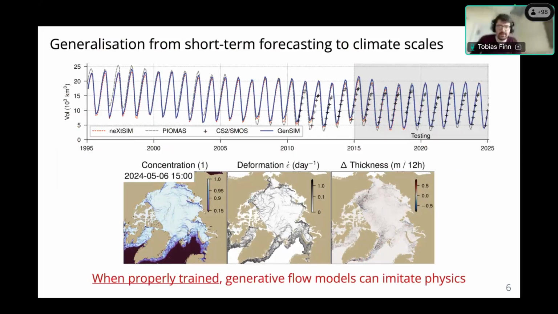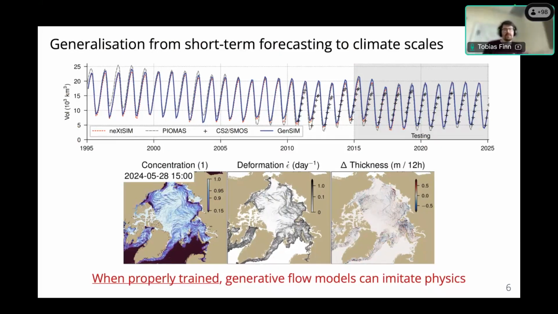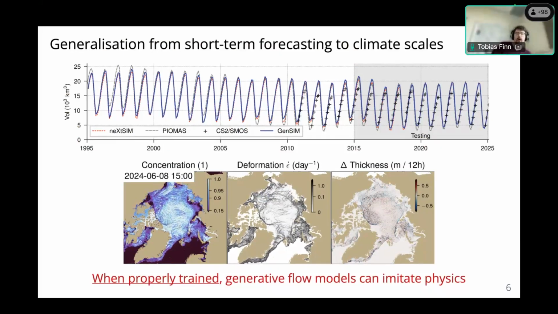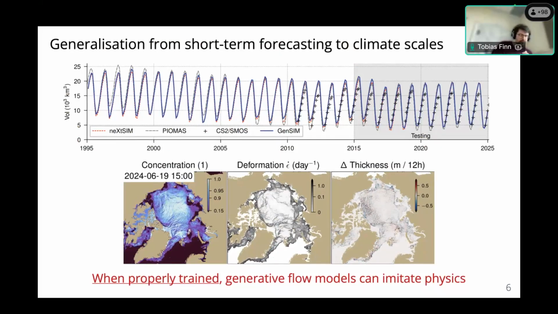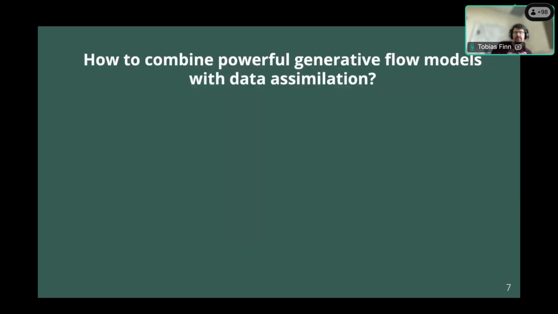And so which means that if we properly train generative flow models, they can actually imitate the physics, how we see it in numerical models. And so now the goal is to combine this with data assimilation.